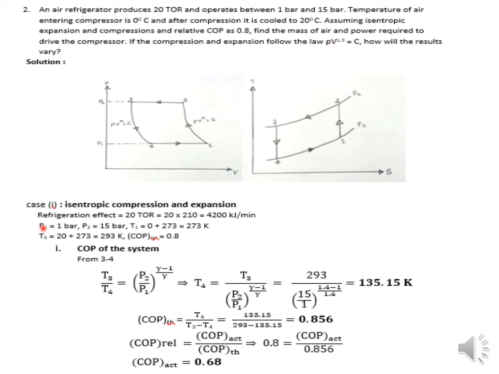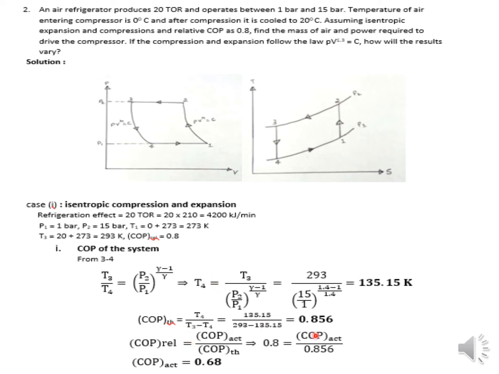So COP, already we know the formula. What is the formula for COP? T4 divided by T3 minus T4, right? But T3 is given in this formula also. So how to find out T4? Similar way, you find out T3 by T4 is equal to P3 by P4 raised to the power, but P3 is replaced by P2 and P4 is replaced by P1. So T4 we have got the value.